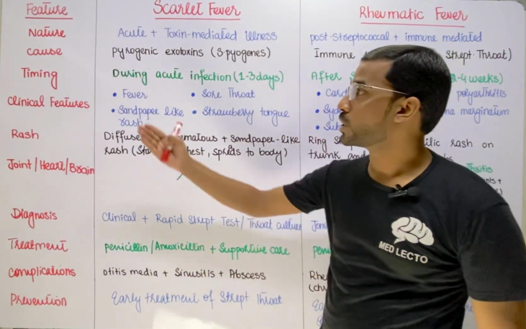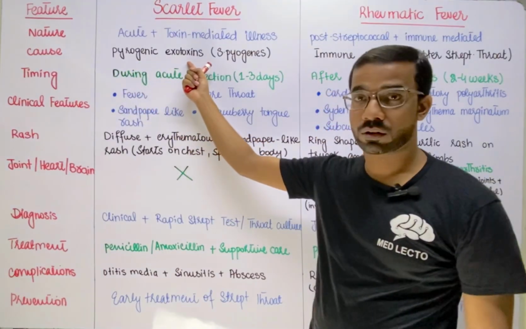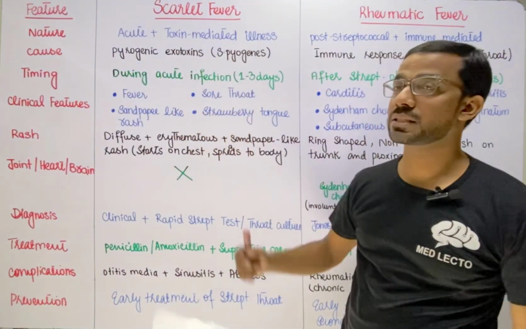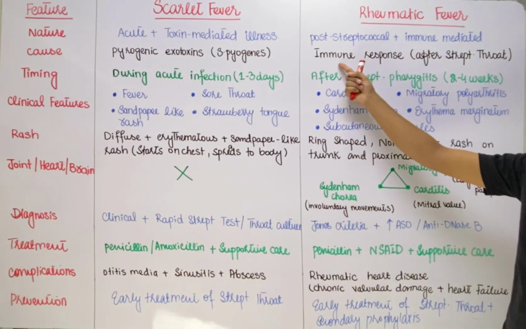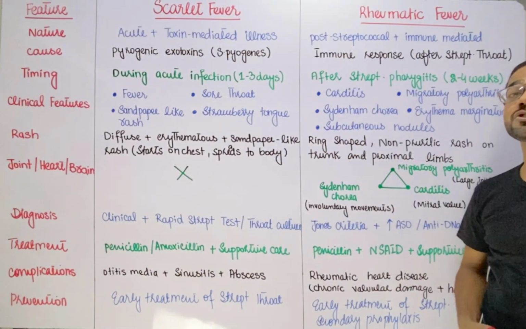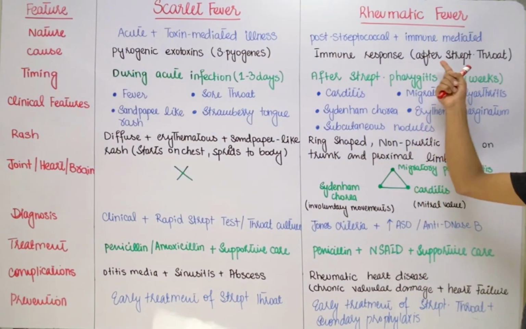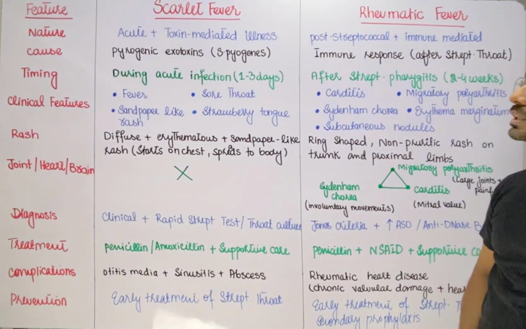The cause of scarlet fever is the pyrogenic exotoxins produced by Streptococcus pyogenes, while rheumatic fever is the immune response produced after strep infections, like after a strep throat infection. That is the important thing.